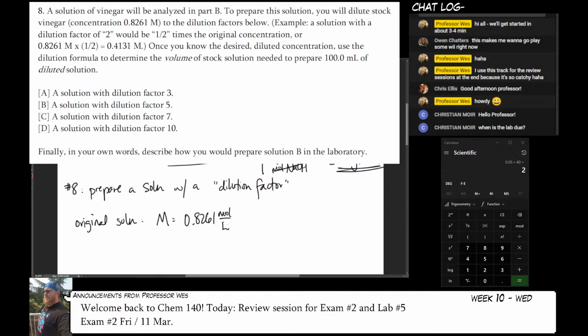But this is too concentrated for us to titrate with, because if I gave you this solution and said, okay, do the experiment, you would end up using so much reactant that you'd have to fill your burette multiple times. And that's actually not practical, and it's also not good. You don't want to do that. We'll talk about that in just a second when we talk about part B.